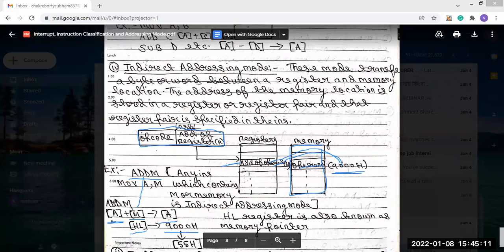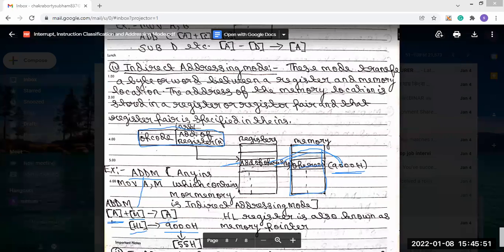In the memory direct case, the memory location is mentioned, and in that memory location we find the operand. But here, if we go to this address of the register, we will find the address of the operand. That means we find the particular memory location, then we have to go inside that memory location, and only then can we find our operand. But for register and memory direct, we go directly to that address and find the operand. So this is the difference of the indirect addressing mode.